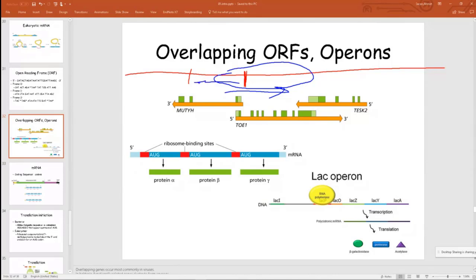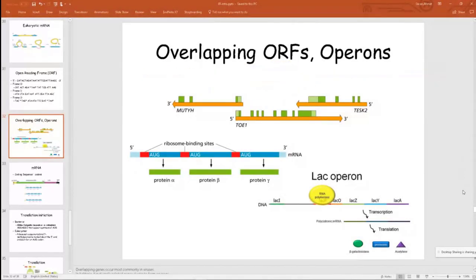All right. So viral genomes are highly efficient in terms of their size, and they accomplish that by having these overlapping open reading frames where if you go one way, you produce one gene. If you go another way, using the same DNA, either coding or the non-coding, you produce another gene, another protein.